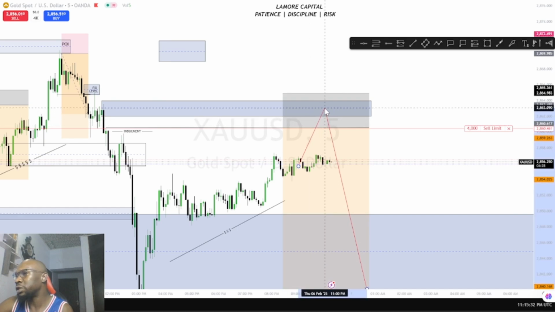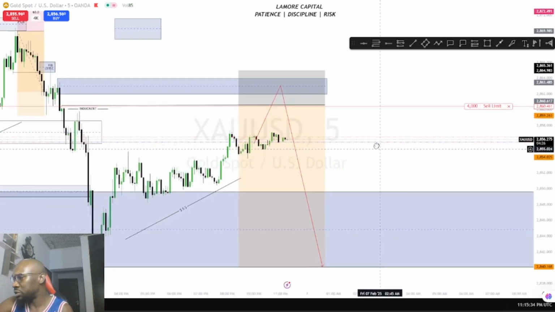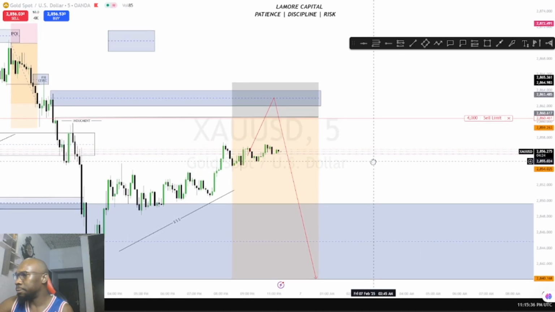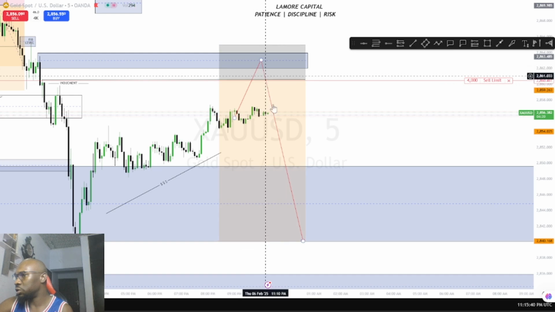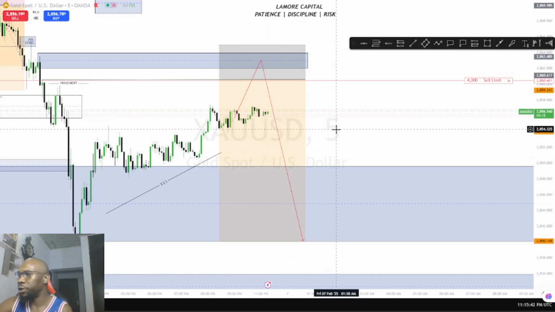But if it also respects the order block, I don't mind. That's also a good trade, and I expect a lot of reaction before we see a lot of downfall here. So that is my strategy, and I keep things simple on my strategy.